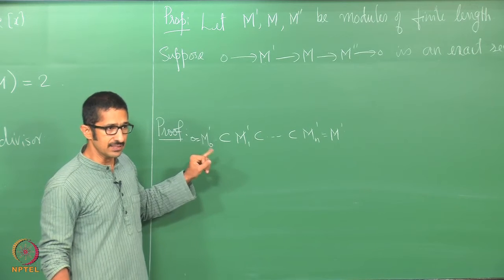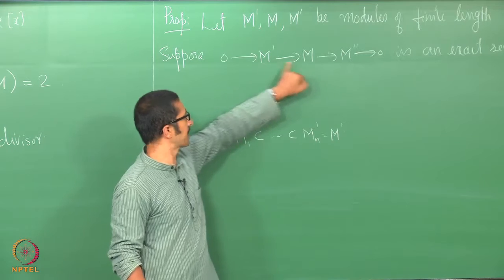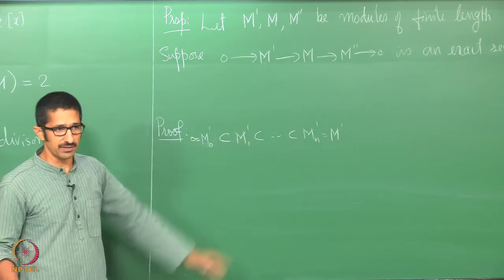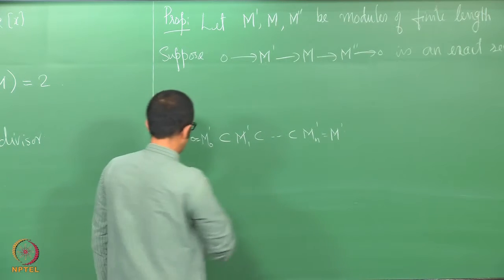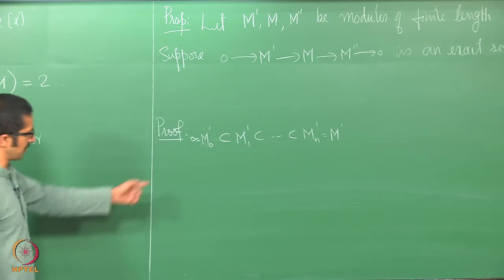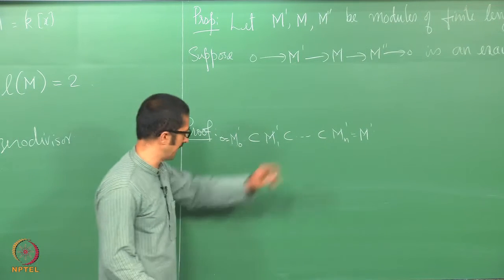It does not matter whether we are thinking of a submodule of M prime or M. If it is simple, it is simple. So this will be part of a composition series of M.